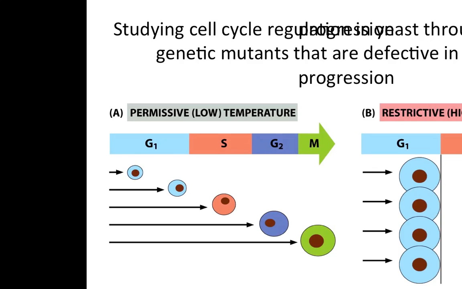So think of it this way. If you have a normally folded protein, should it work normally? Yeah. If you have a misfolded protein, should it work normally? No. And so when you shift that temperature, at normal temperature, this is the permissive temperature, and it's not really low temperature, it's just normal temperature.